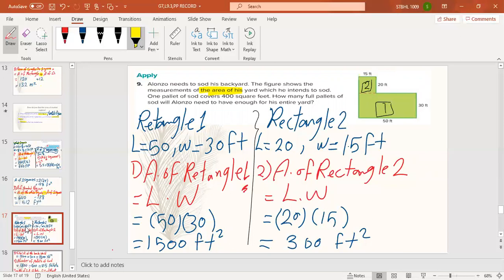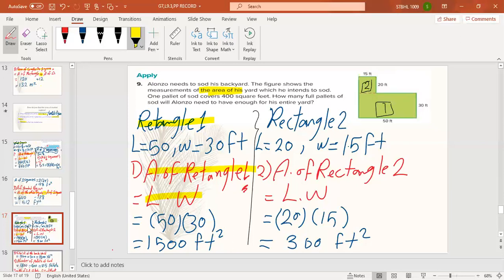So I find the area of rectangle 1, which has a length of 50 feet and a width of 30 feet. And write the formula of the area of a rectangle. It's length times width equals 50 times 30 equals 1,500 square feet. This is the area of rectangle 1.